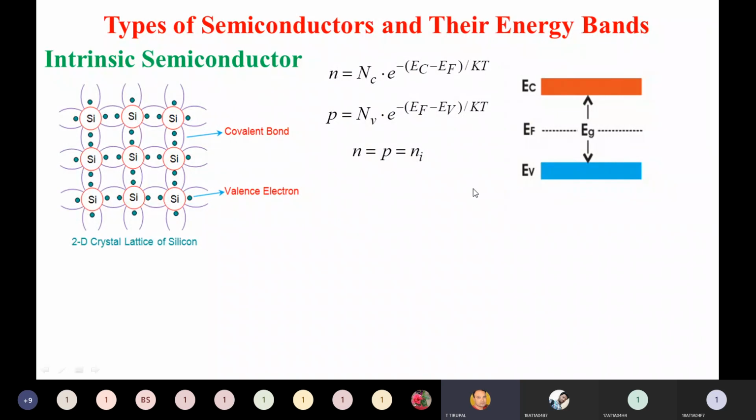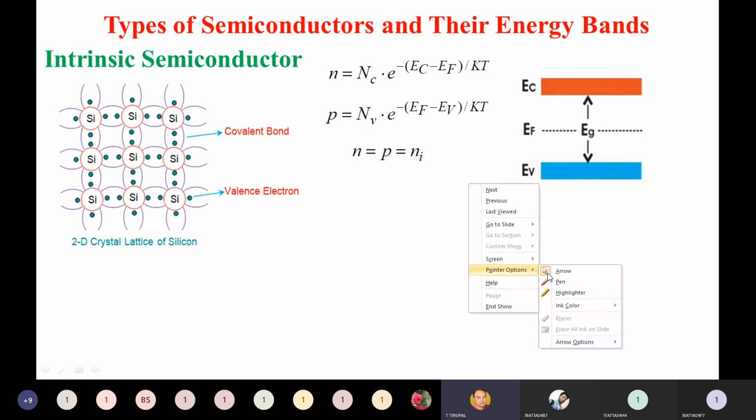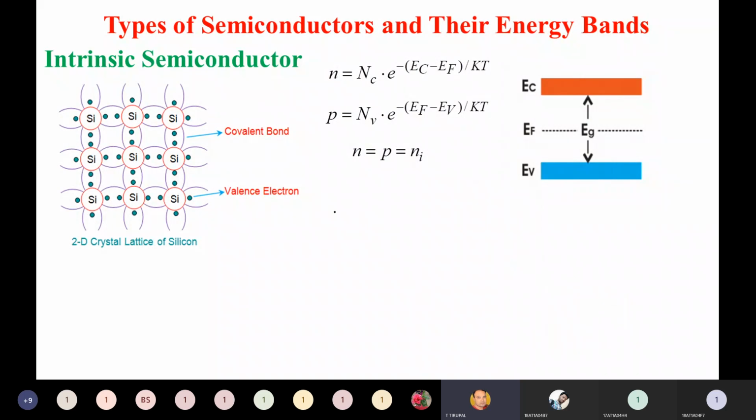What is an intrinsic semiconductor and what is an extrinsic semiconductor? Let us see. A pure form of semiconductor is called an intrinsic semiconductor. I told you already, an intrinsic semiconductor is the purest form of semiconductor.